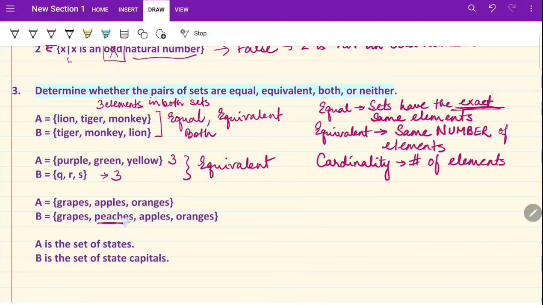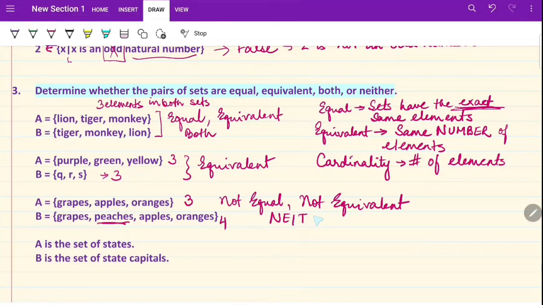Therefore, it's not equal sets. They are not equal because their elements all have to be exactly the same. How about the cardinality? As far as cardinality is concerned, A has 3 elements, B has 4 elements, correct? So they don't have the same cardinality, therefore it's not equivalent either. So the answer is going to be neither, right? It's neither equal nor equivalent.